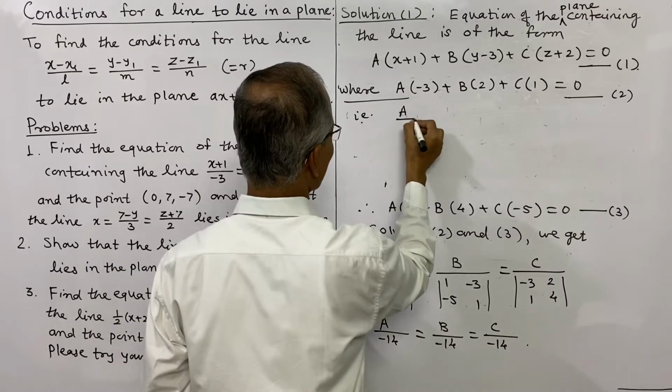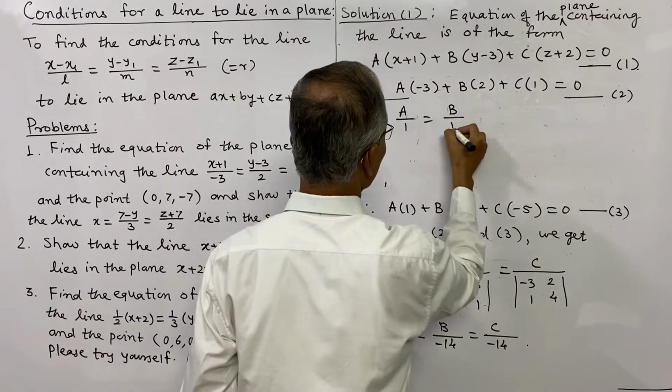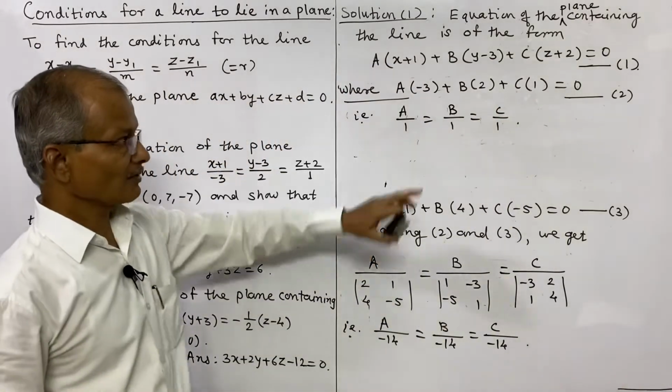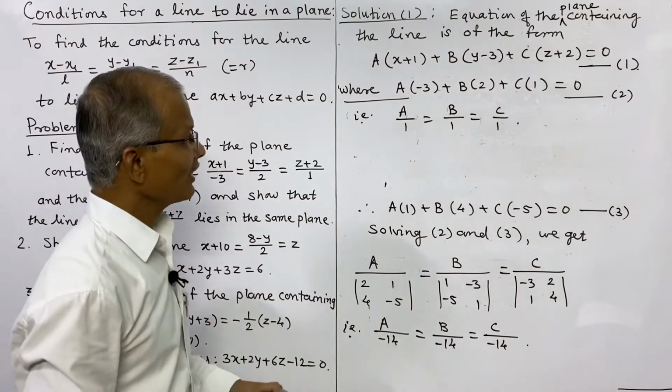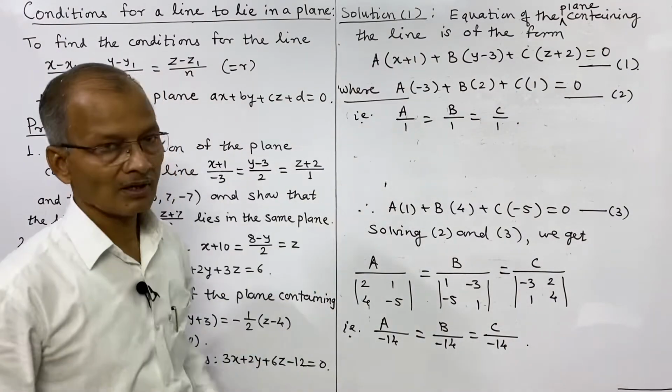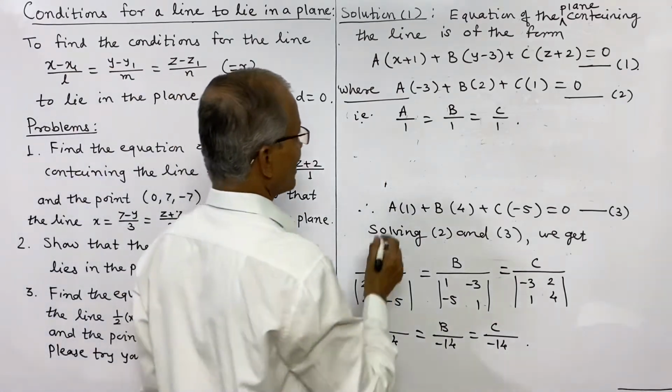A divided by 1 is equal to B divided by 1 is equal to C divided by 1. These are the values, and thus we can take the values of A, B, C as 1, 1, 1, and we put these values in equation 1.